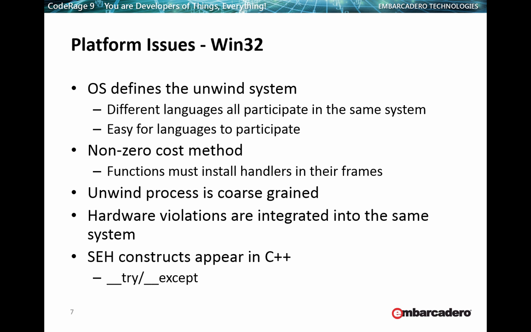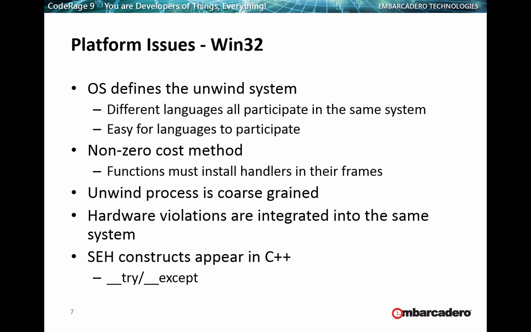It's just very much more efficient. You can generate the code inline to install handlers for a particular method. It's still non-zero cost, so that means that in the event an exception is not thrown, there's still some overhead in a function. With a PC map system, there's no overhead for throwing exceptions.